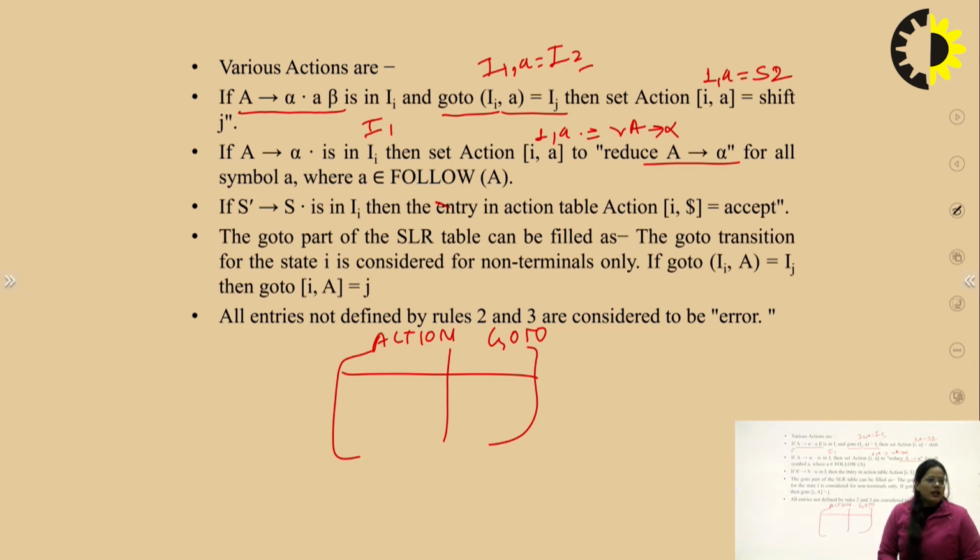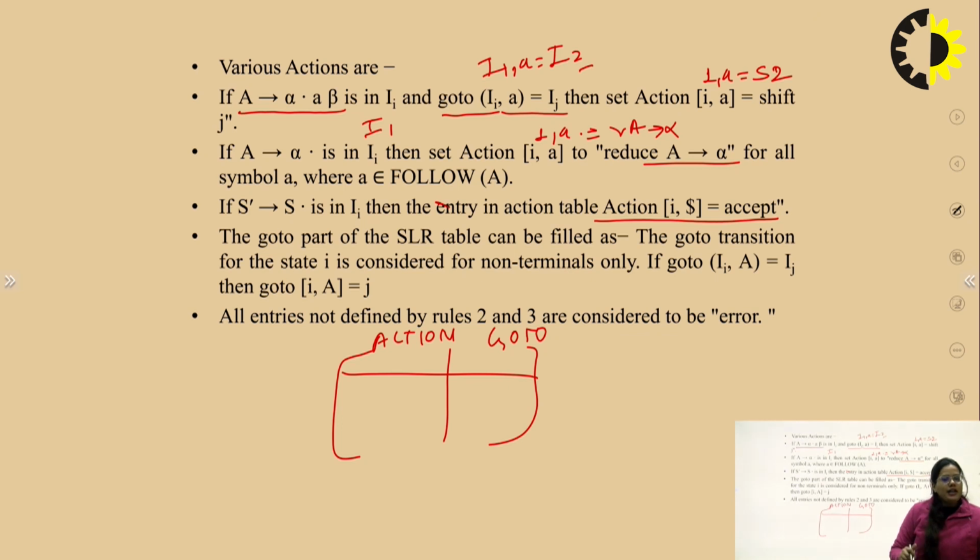Next rule is if S dash implies S dot is in I, then the entry in action table action I comma dollar is equal to accept. Next, the go to part of an SLR table can be filled as follows. The go to transition for the state I is considered for non-terminals only.